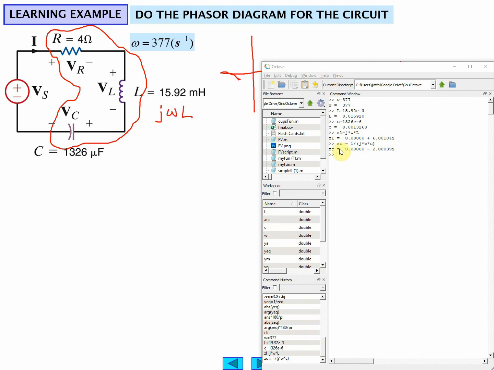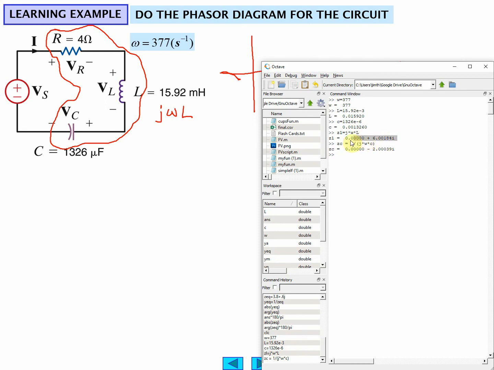Okay, picking up here, I didn't show you these calculations. Pretty straightforward. Felt that wasn't really necessary. Omega L, entered C, the capacitance. Found out the impedance of the inductor and impedance of the capacitor.